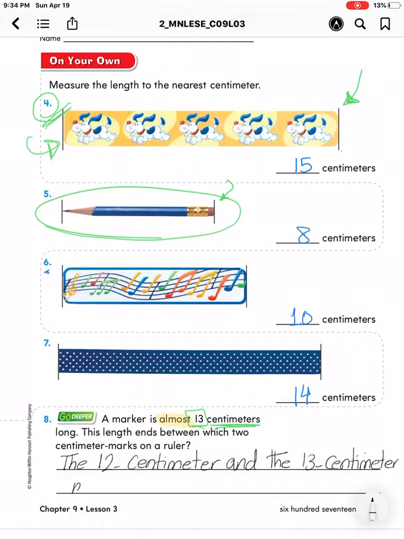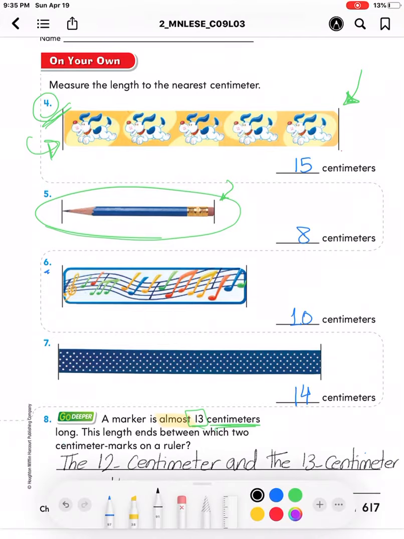Okay, so this is the answer for this question. Okay, now let's move to the next page to have more problems and more questions to solve together so we can understand this lesson more.